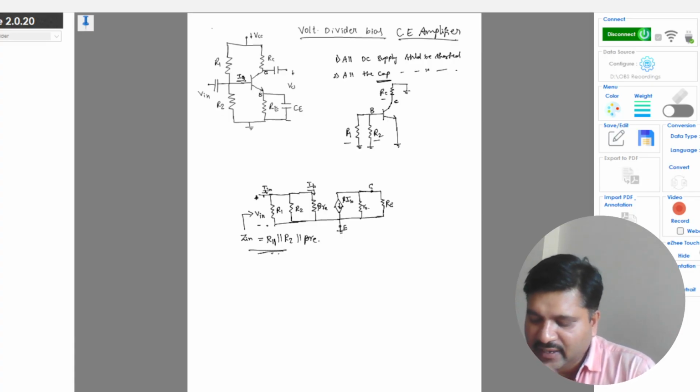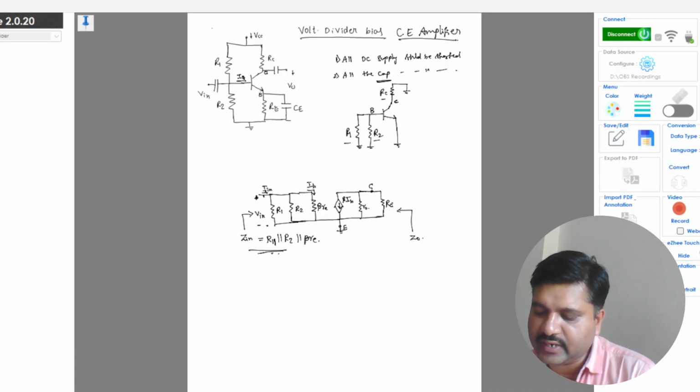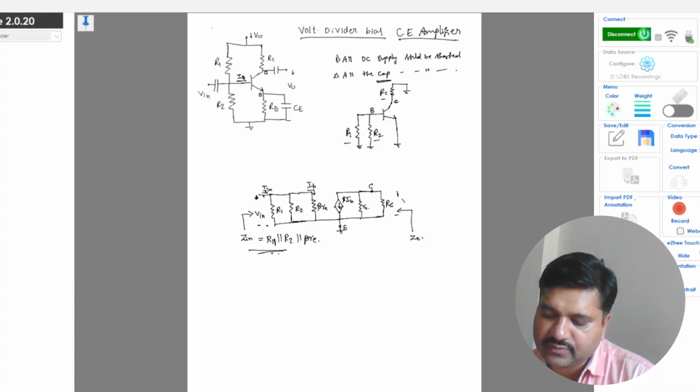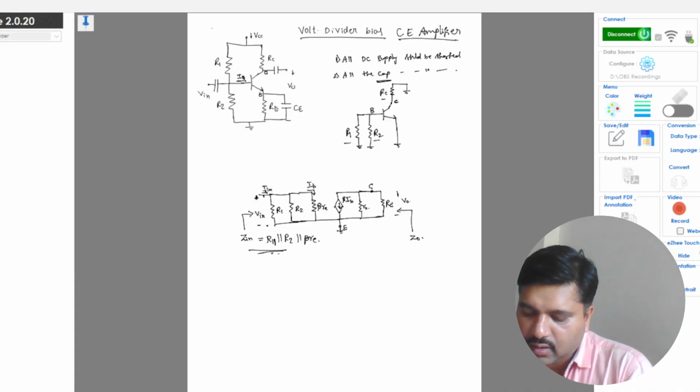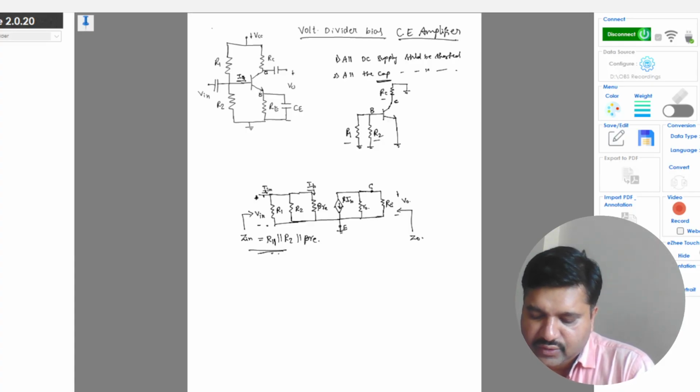And here to find the output impedance, Z0 is the impedance seen with respect to these two terminals, which is V0. When we are finding the impedance between any two terminals, all the voltages are shorted. So Vin is shorted, obviously R1, R2 and beta Re, all these three will be shorted.